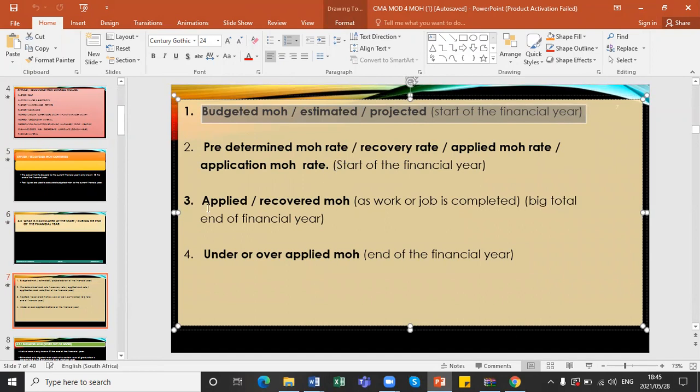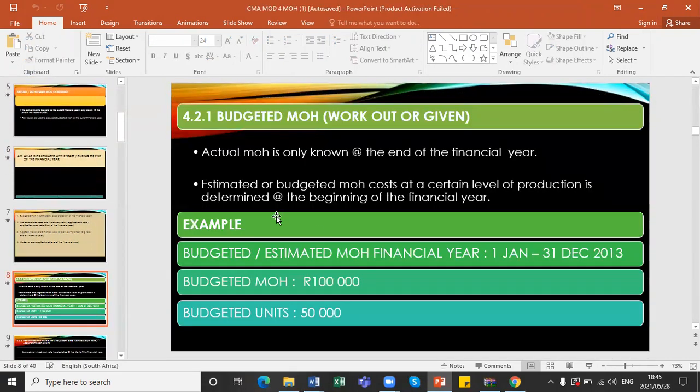Applied overheads, like I said, is used when you want to calculate cost of production, and this is calculated as work is completed. Under applied or over applied is only done at the end of the financial year.